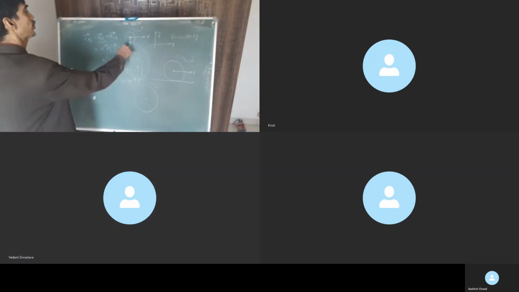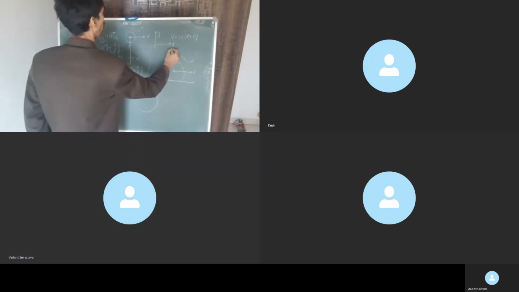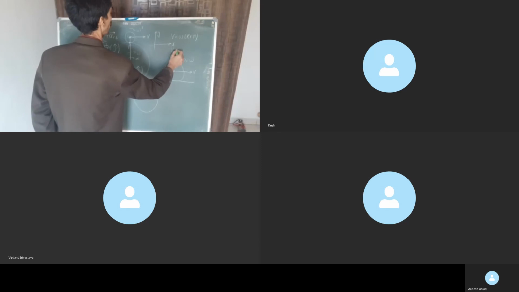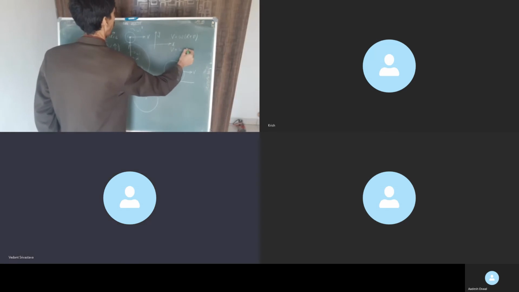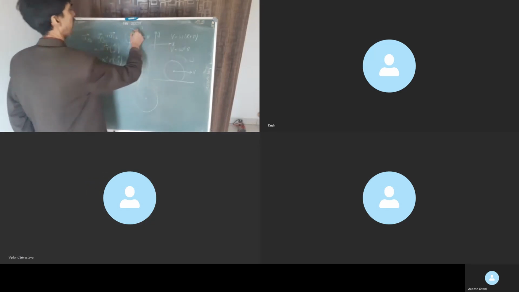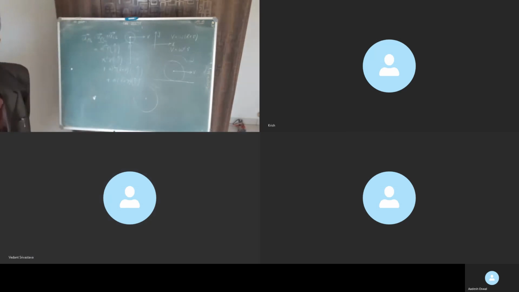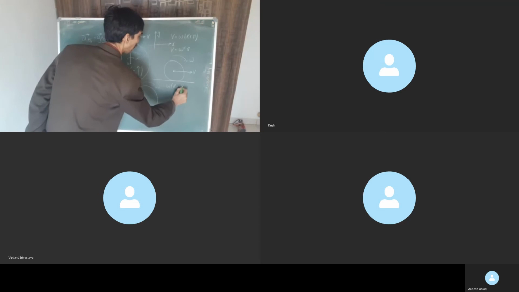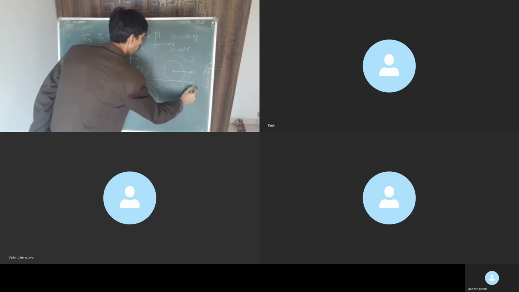And when we took the sphere, we wrote V should be equal to omega prime into small r. And as it was rolling without slipping, we concluded omega into capital R plus small r should be equal to omega prime r, correct?